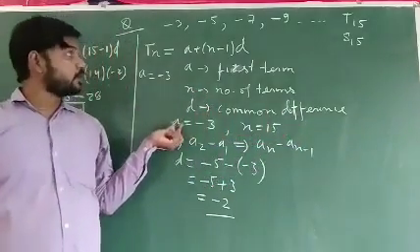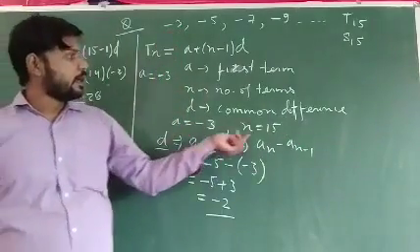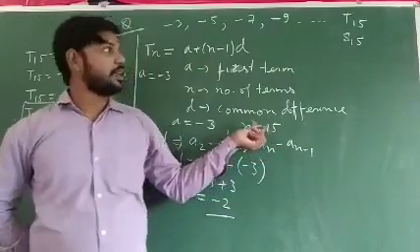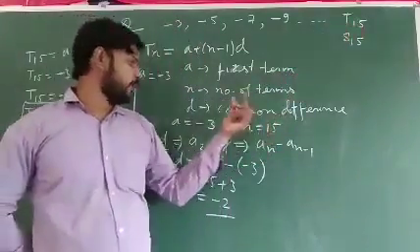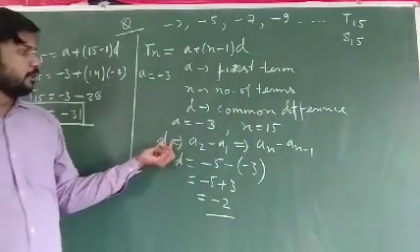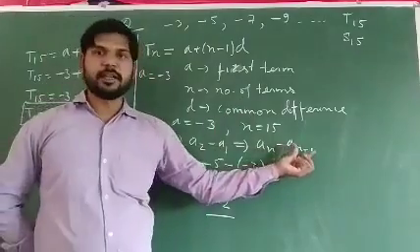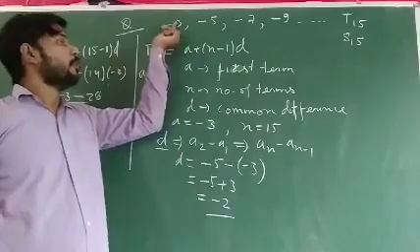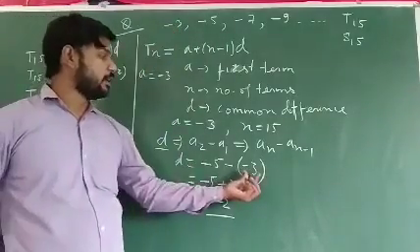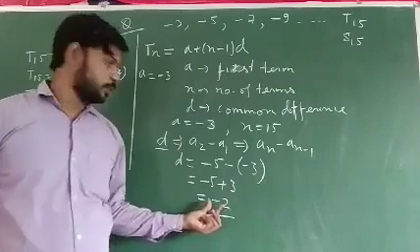A equals -3, this is the first term. n equals 15 because you have to find the 15th term. So d is a2 minus a1, and d equals -5 minus 3, that is -5 plus 3, which is equal to -2.